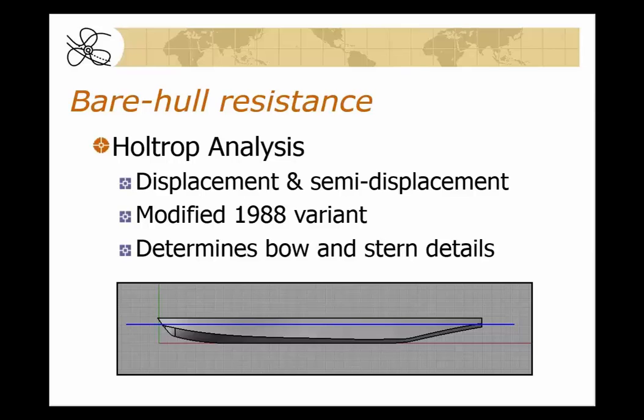The Waltrip analysis that is implemented in Orca also is able to take the hull form geometry and determine certain bow and stern details that are very important for a reliable resistance prediction. In the bow, it calculates half angle of entrance, and in the stern, it calculates the immersed transom area. But also, there are characteristics of the stern that are quantitatively described in the Waltrip method as a stern coefficient.